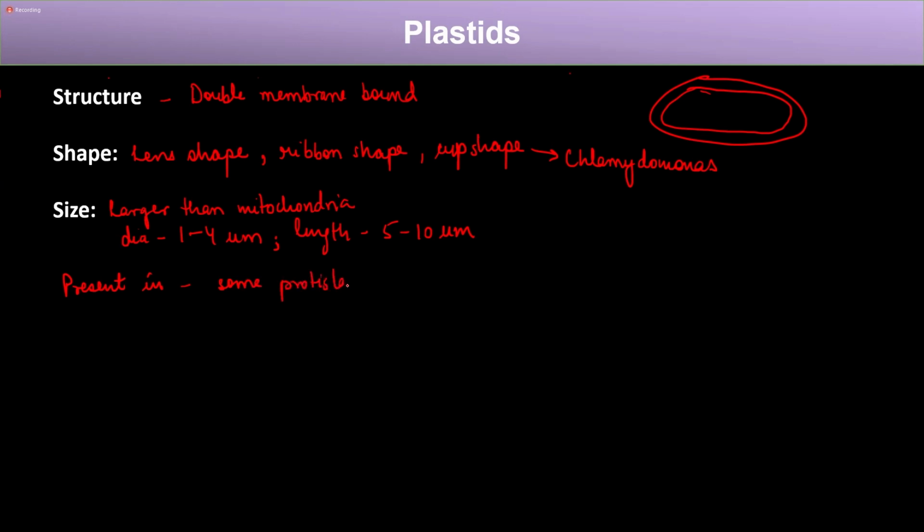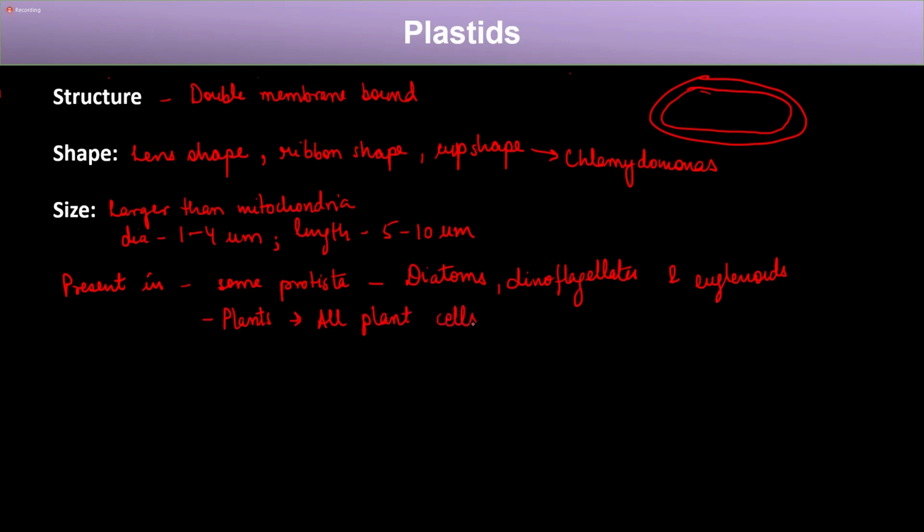Protista is a kingdom. So it is present in some protista like diatoms, dinoflagellates, and euglenoids. Apart from this, these are present in plants, and in plants, they are present in all plant cells.